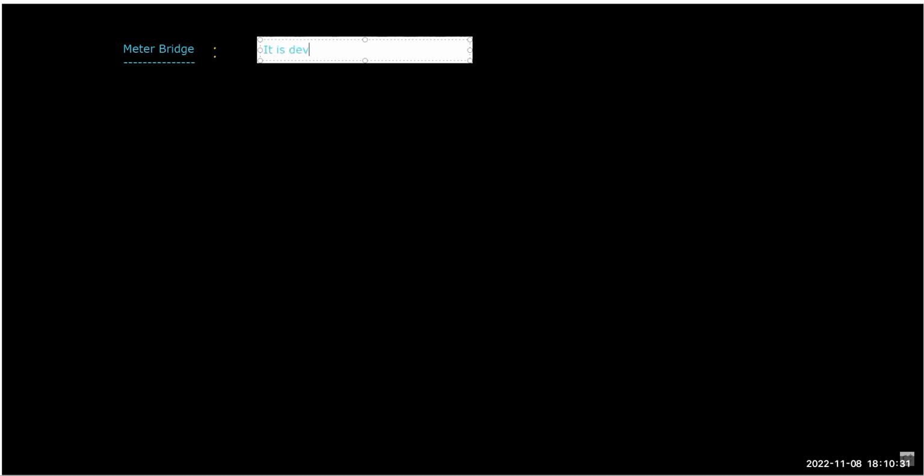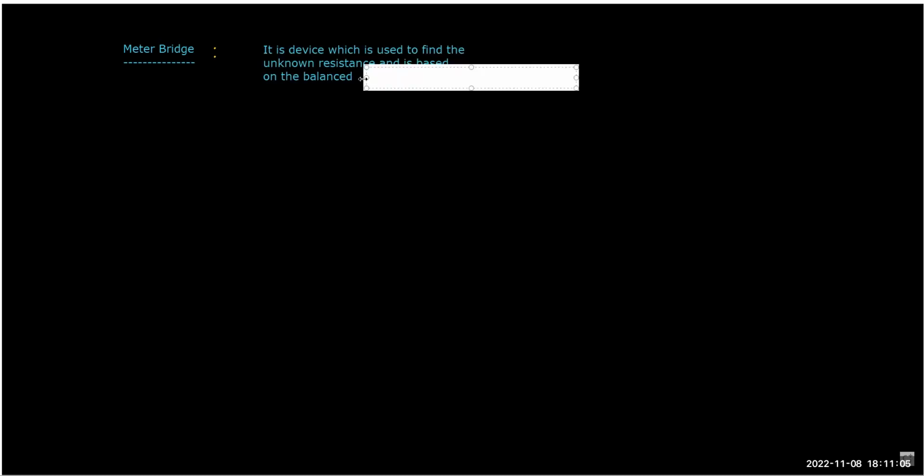So it is a device which is used to find the unknown resistance and is based on the balanced Wheatstone bridge condition.